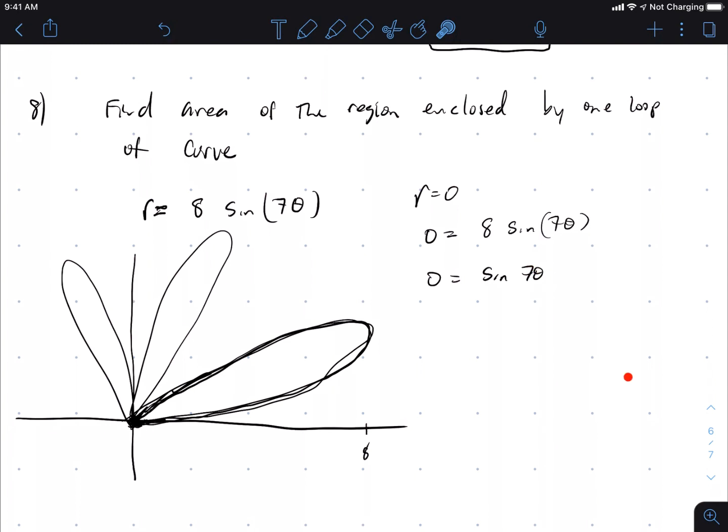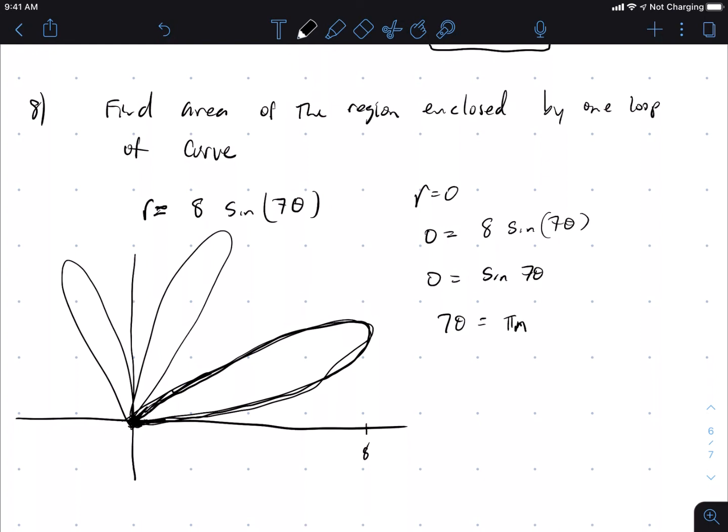It's going to occur at 0 and at pi, right? And multiples of pi. You agree? Yeah. So then that tells me that 7 theta is going to be some pi times n. Right? And n can be 0, 1, 2, 3, 4, right? Right. Okay.